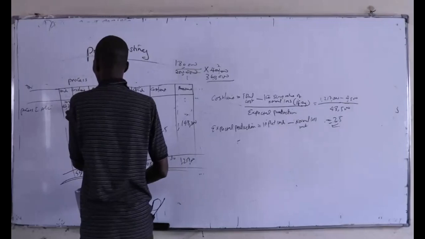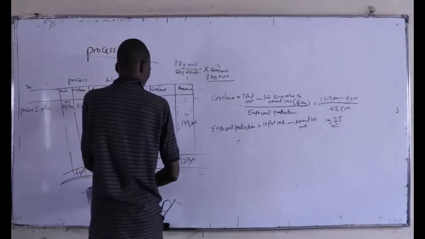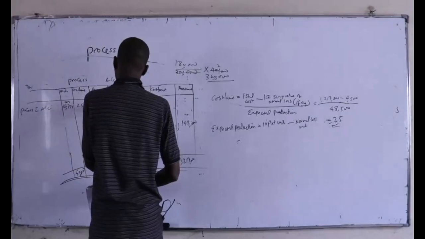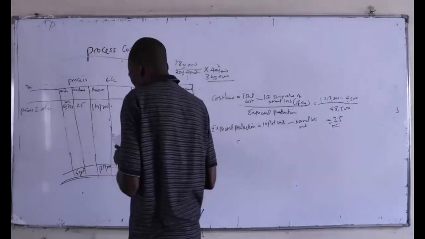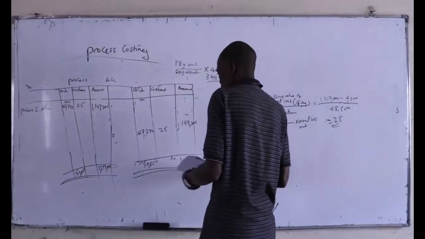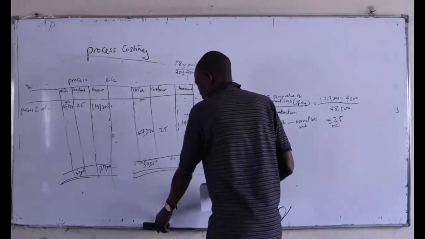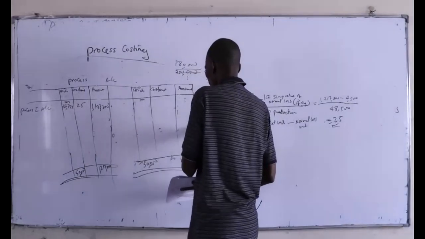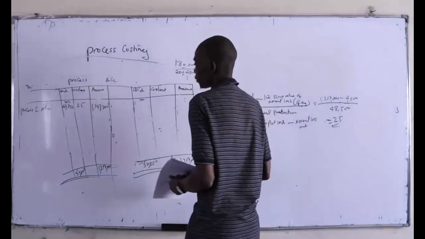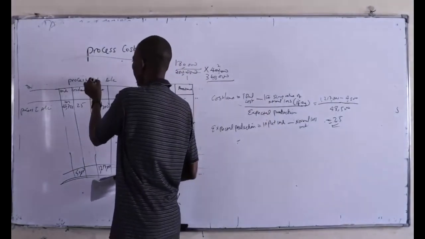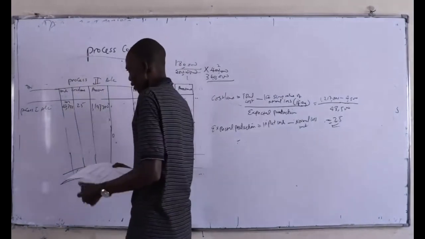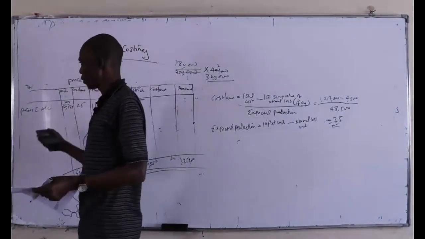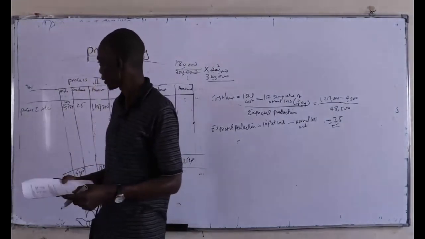The cost per unit we got to be 25, and so this was 1,193,300. So this is how you have started now. You are now on process 2. We are done with process 1. So in the process 2, and you indicate up there so that we are clear on which process you are dealing with. So having completed process 1, now we have transited to process 2.